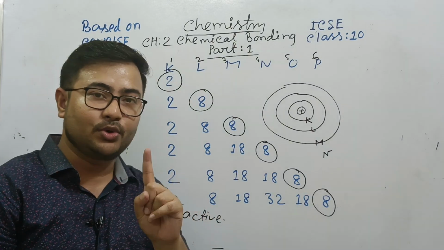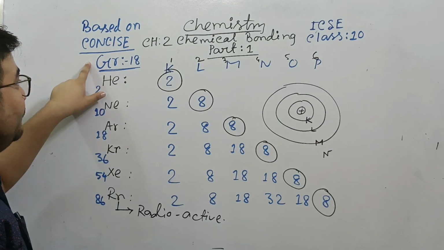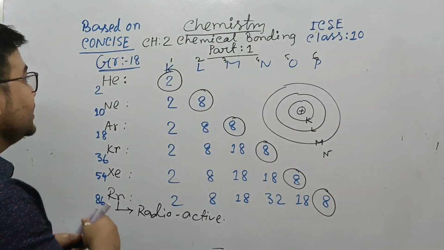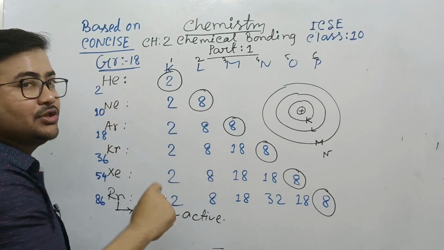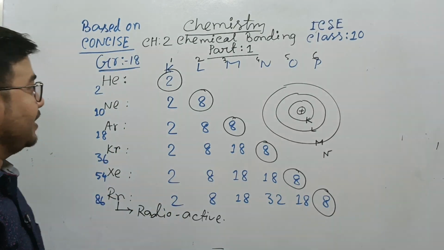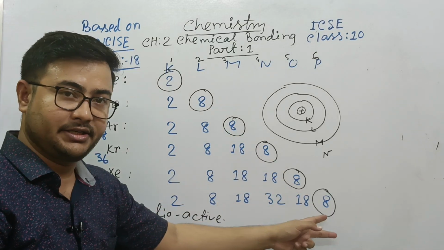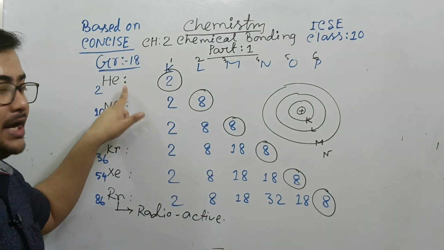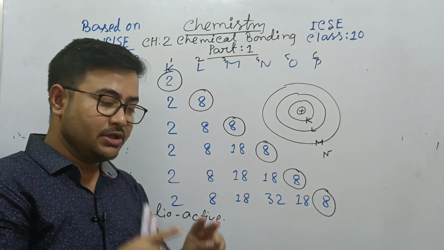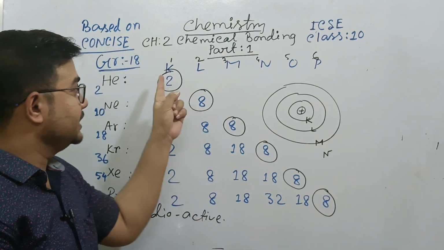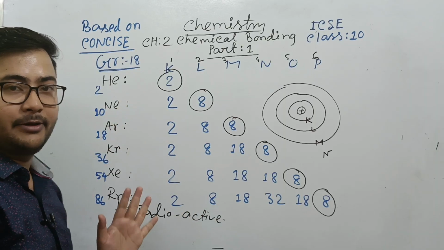From this you can conclude that all the group 18 elements, also known as noble gases, since they have duplet or octet, duplet only for helium, that is why they are very stable, because in case of atom, stability means these two, so they are already stable.